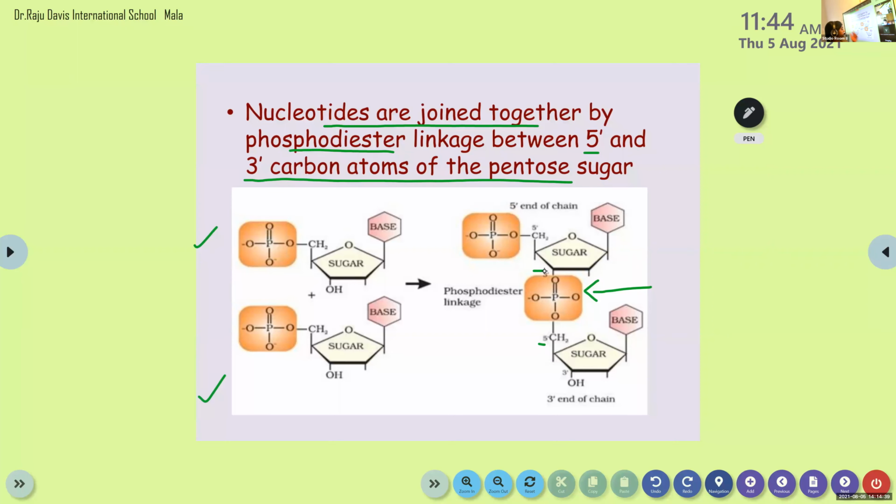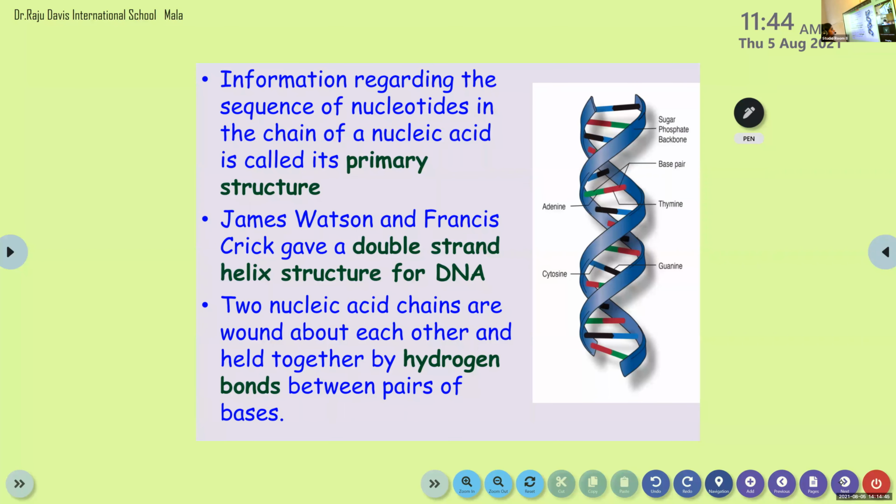Then its primary structure, then the double strand helix structure for DNA. Information regarding the sequence of nucleotides in the chain of a nucleic acid is called its primary structure.